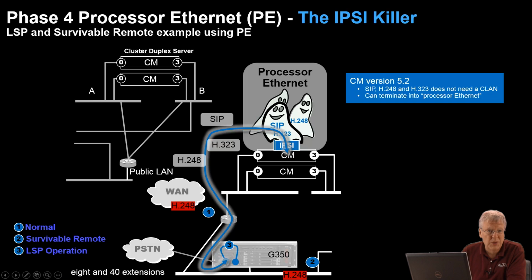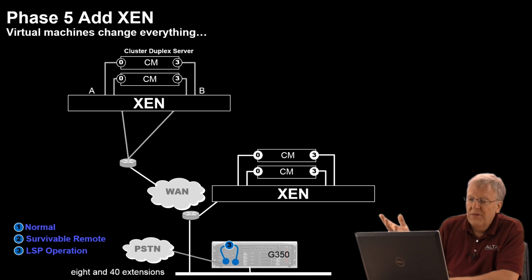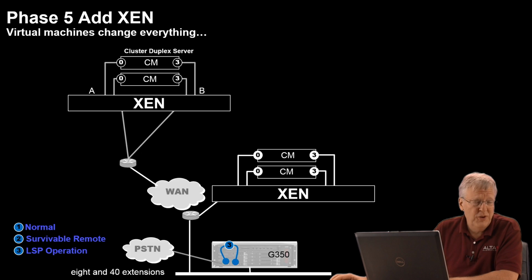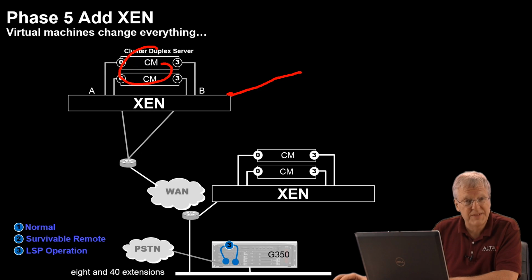That's exactly what they're doing. So at this stage, you say, well, let's completely erase the whole G650 arrangement. And then while we're at it, let's add virtual machine. So we're going to plug in XEN, and then the communications managers, that software is going to run on top of XEN. We're going to keep our G650, and guess what?